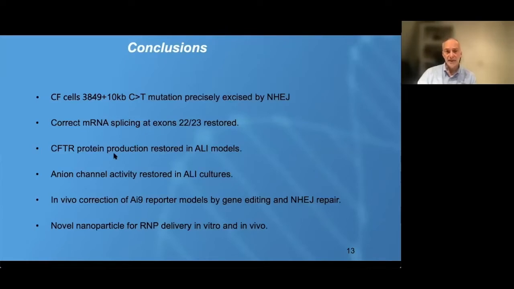We've shown restoration of protein production by immunostaining in allelic culture models, and that this restored protein also restores anion channel activity. So this looks like a promising approach to developing a therapy for patients containing one or two alleles of this kind of mutation.